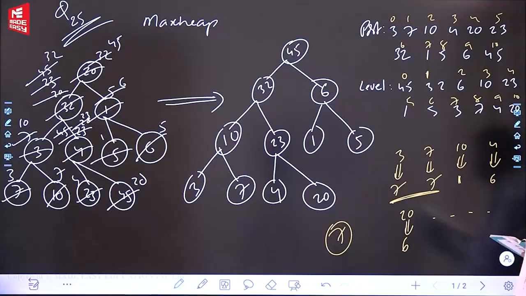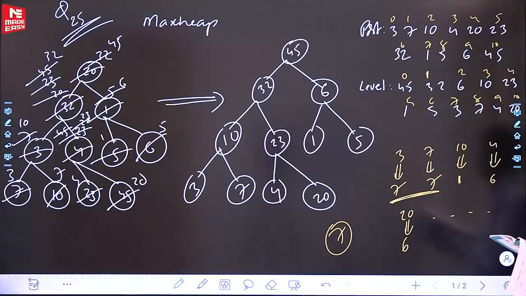So you have to insert in the given order. You cannot do build heap here. The build heap method comes into the picture when order doesn't matter. Because he is saying inserted in the given order, order is important, which means insert one by one. Question number 25 says that one array is given.